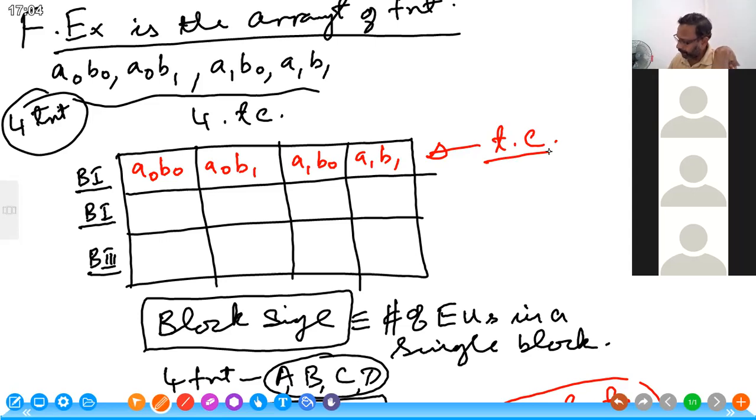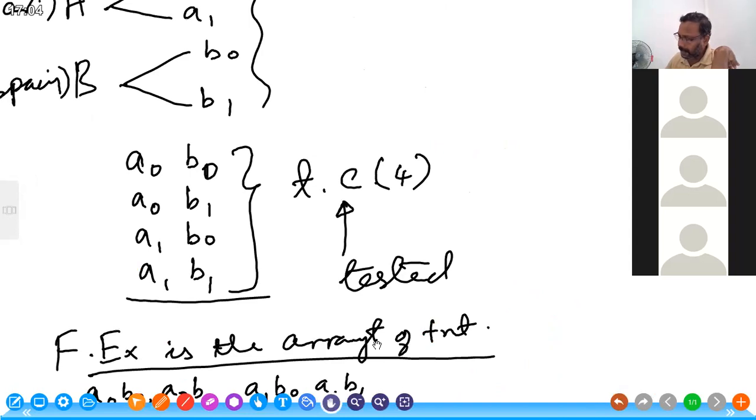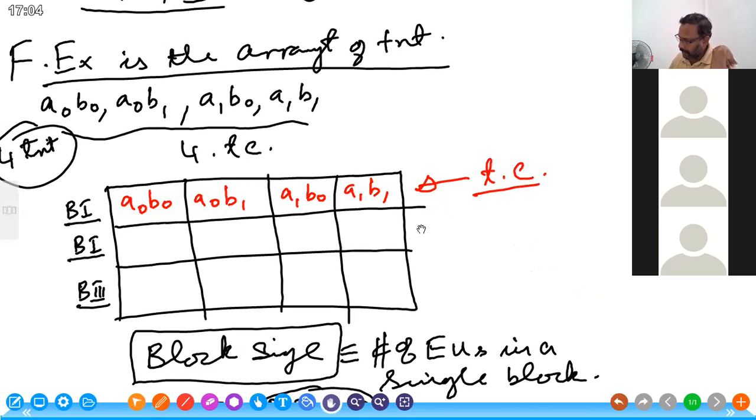Here, how many factors are there? We said one is variety, the other one is spacing. 2 factors, right?